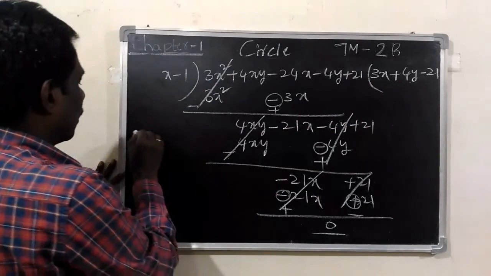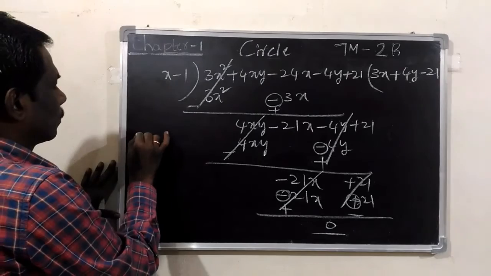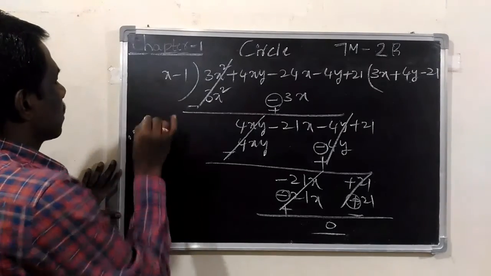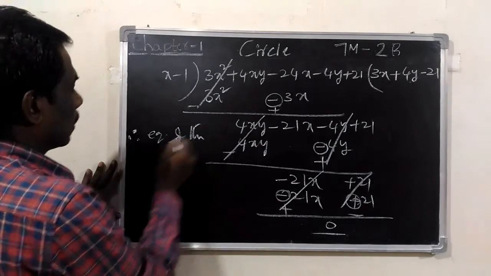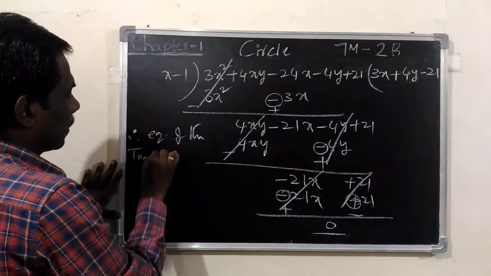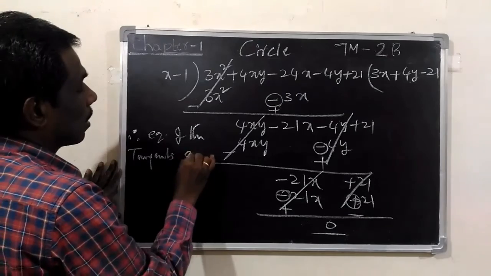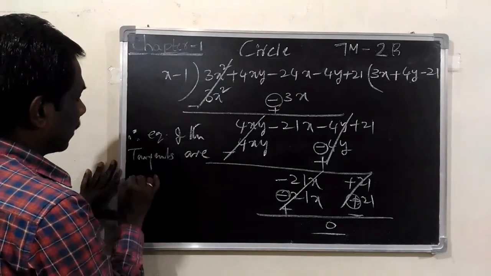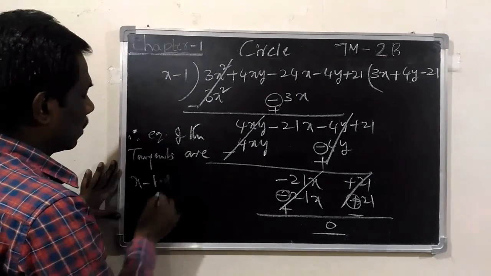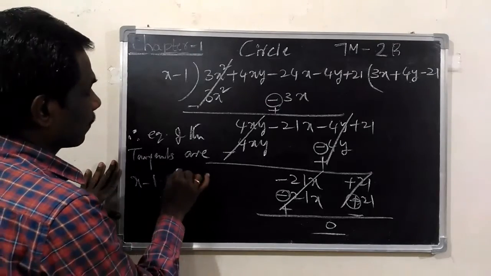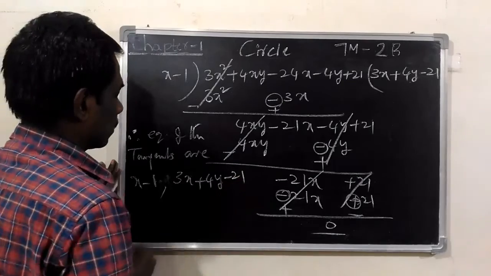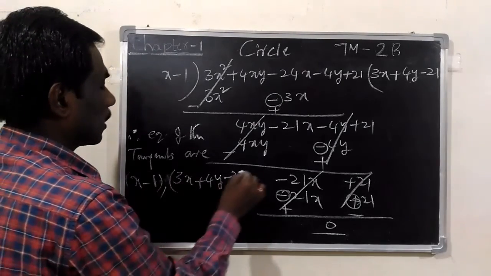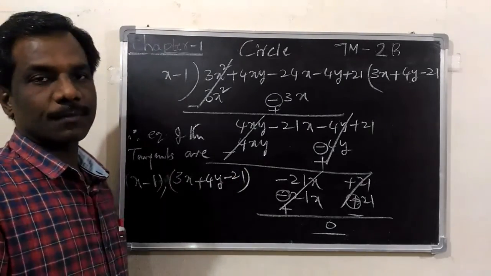So finally, we conclude. Therefore, the equations of the tangents are x minus 1, and another one is 3x plus 4y minus 21. These two are the equations of the tangents.